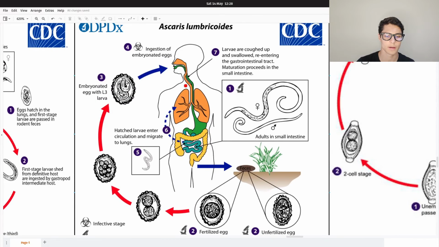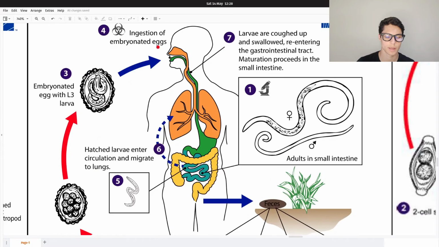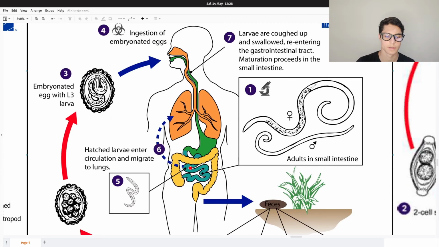The larvae are ingested by humans, and inside the intestine they migrate to the lungs through the circulation. They can enter the portal hepatic system, they go through the heart, and the heart pumps them to the lungs.